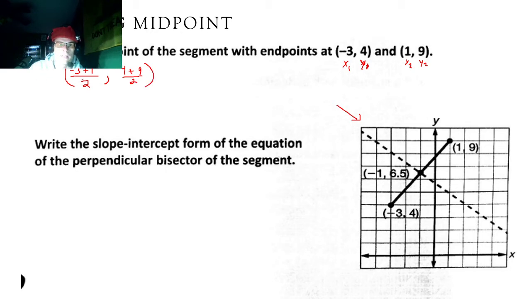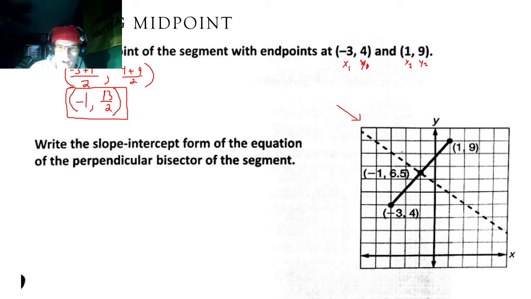All right, so this is our midpoint. We have to solve it. Negative 3 plus 1 gives me negative 2. Divided by 2 is negative 1. And then what's my y? 4 plus 9 is 13 over 2. All right, so we have our midpoint.